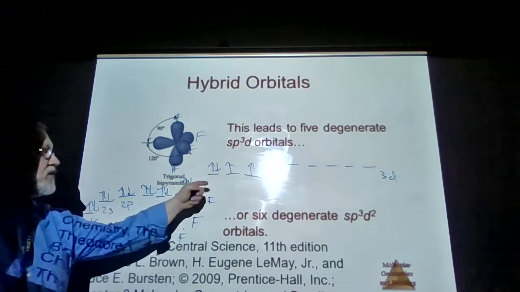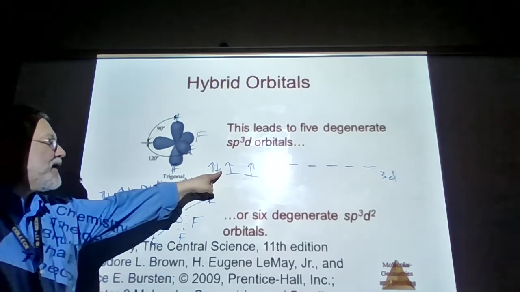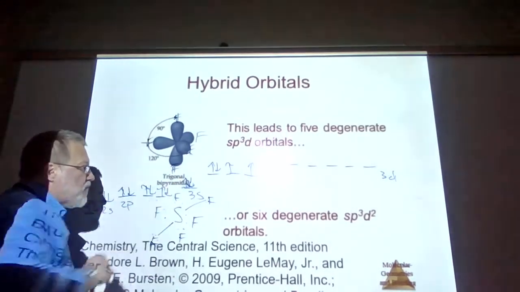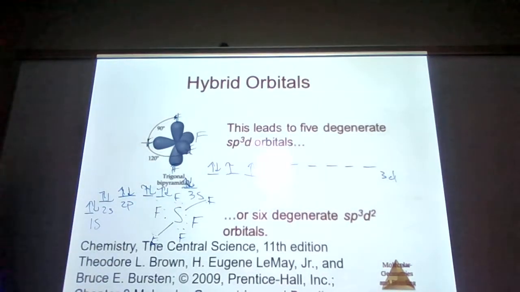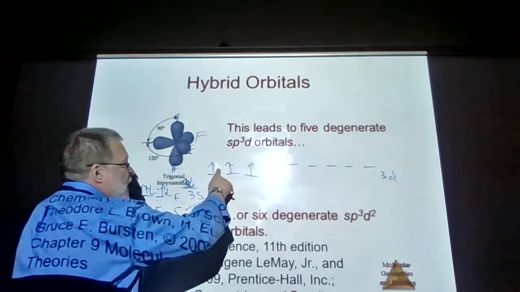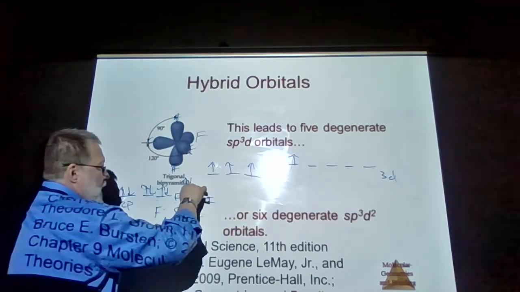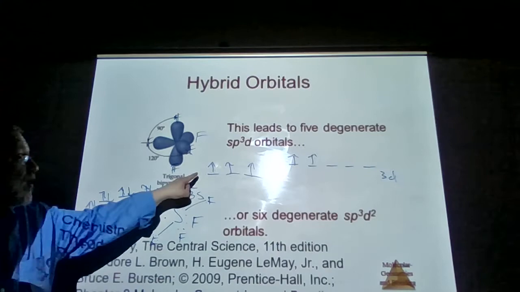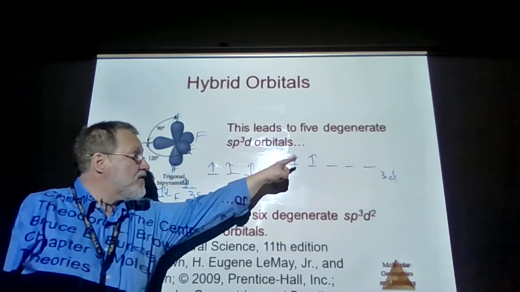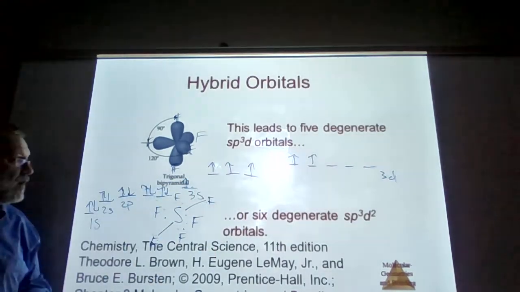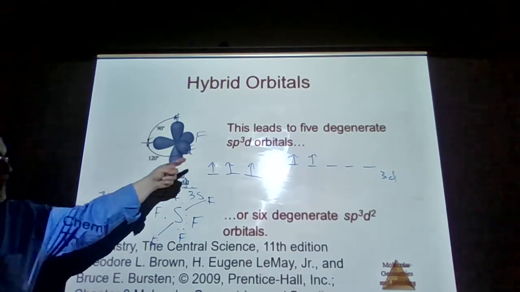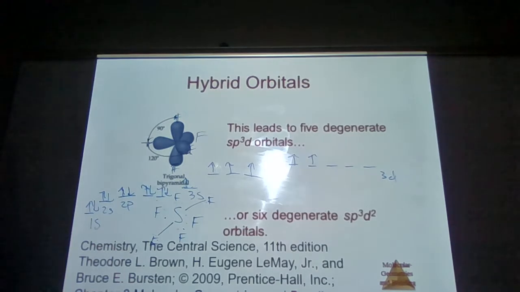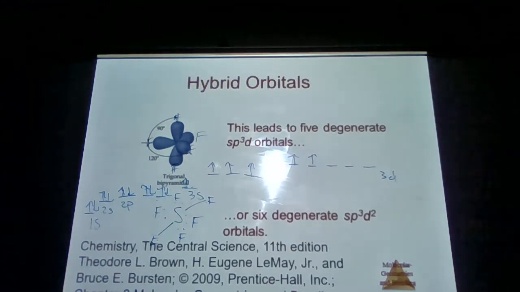But if we promote 1 electron from the p and 1 electron from the s up into the d orbitals, we have 1, 2, 3, 4, 5, 6. So these become sp3d2 kinds of orbitals.